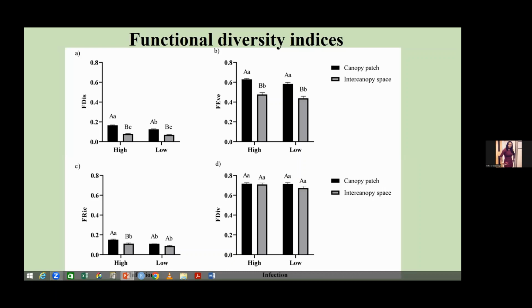As we move on to the functional diversity indices, high mistletoe-infection canopy patches had about 30 to 59% more functional dispersion, evenness, and functional richness. So that's dispersion, evenness, and richness, but there was no difference in the divergence, as you can see from here.